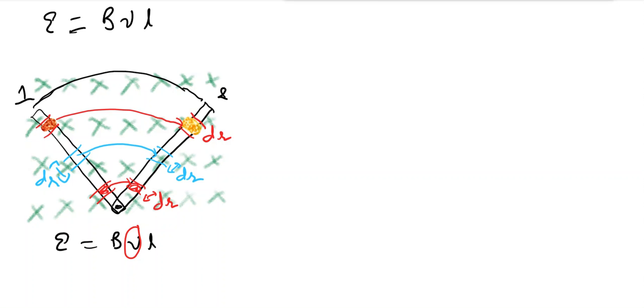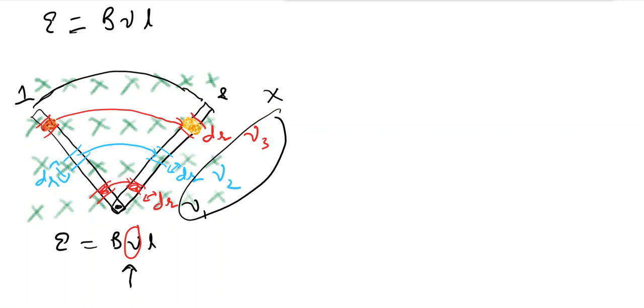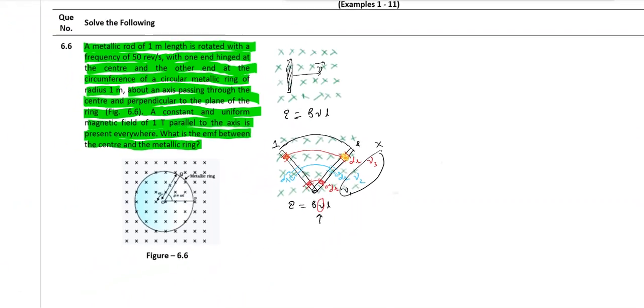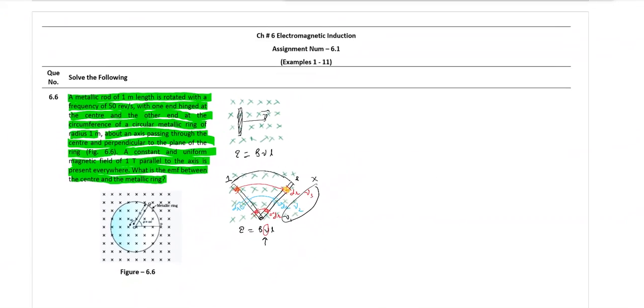So the velocity of the first part, the second part, and this part are not the same, and hence V is changing. What do we do when one parameter is continuously changing?